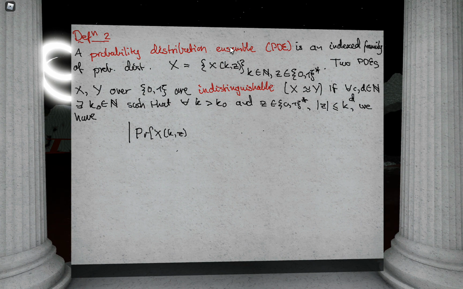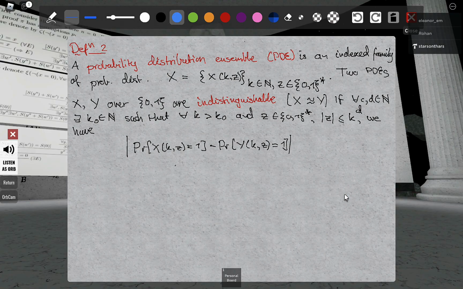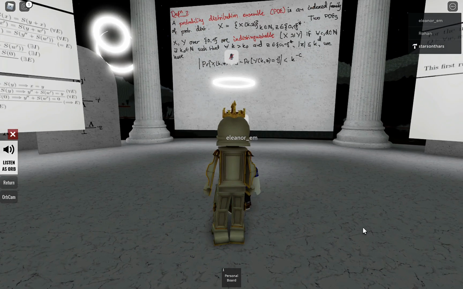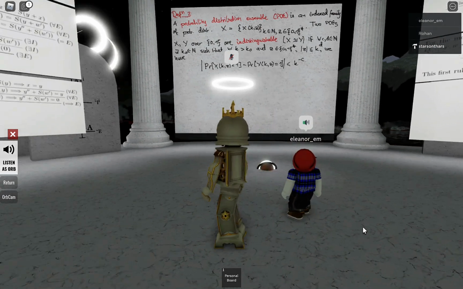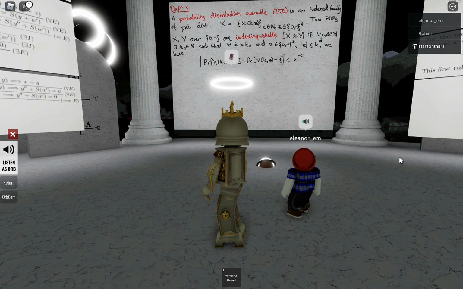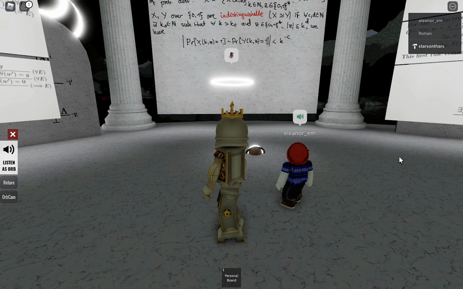And then we're going to ask that the difference in the probability that X and Y spit out 1 is negligible in k, less than k to the minus c. Okay, so we have an indexed family of what obviously is going to be executions. And we say that they're indistinguishable if, given an input that is polynomial in k, the difference in probabilities of outputting 1 is negligible in k. That's all that's going on here.